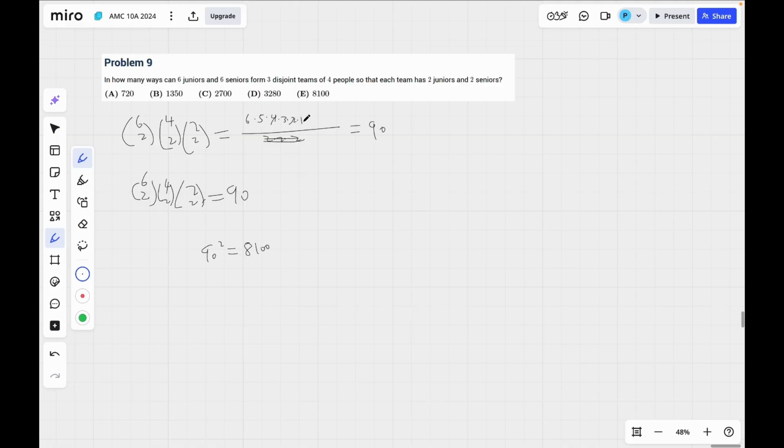And since there are 3 teams, there are 3 factorial equals 6 different possible ways to rearrange the teams. And now finally, we get that there are 1,350 ways to choose the juniors and seniors to form 3 teams. So our answer is B.